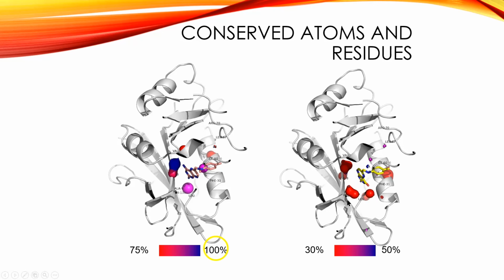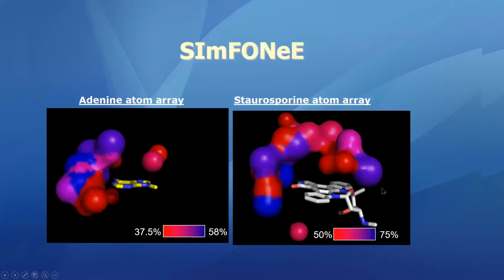The percentage varies, sometimes going down to 30%, but the pockets of ligands that are used as drugs will be more rigid than the pockets that are used as the natural substrate. And this is again SIMFONEE used to observe the kinase pocket. You can see that 75% of the time, this atom is always here at the angstrom level.